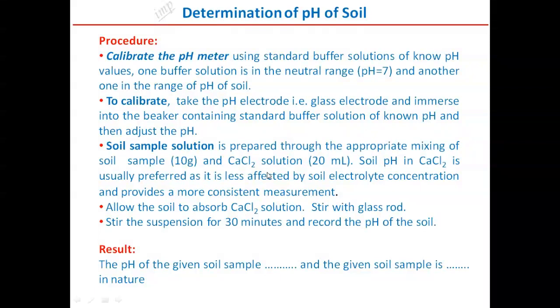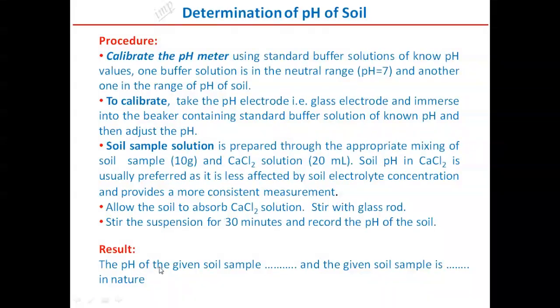That's why we are using the extra reagent, calcium chloride solution, to get consistent measurements every time. Once you prepare the soil sample solution, allow the soil to absorb the calcium chloride solution and stir with a glass rod. Once we keep it for 30 minutes, record the pH of the soil in the result.